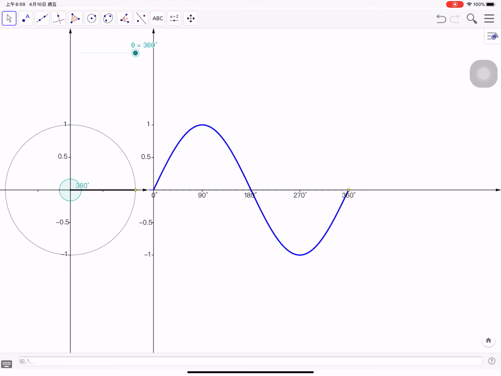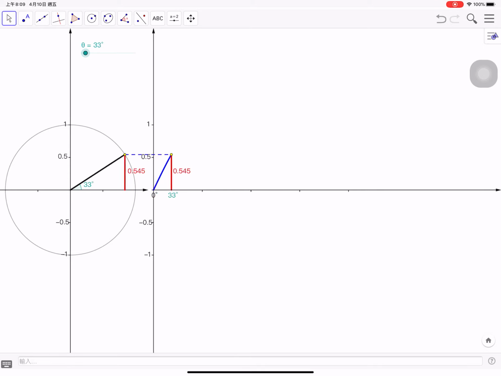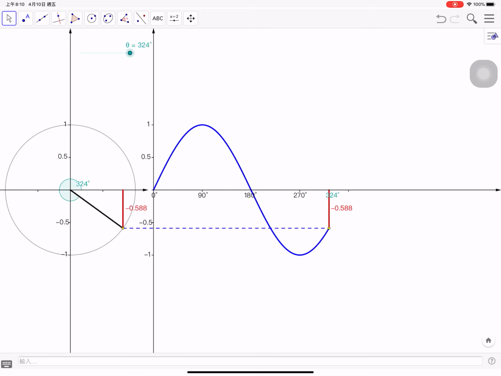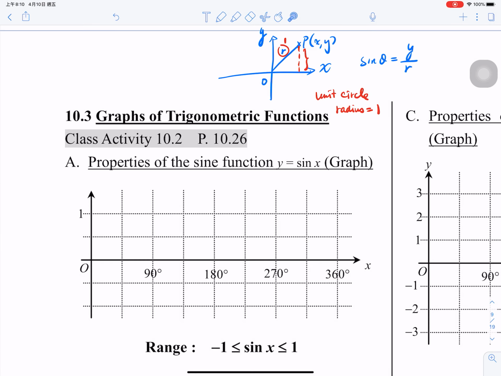Right. So you see that started from 0, and then you can draw the graph. You see the blue one, we say that it's a sine curve, like a wave, right? So now you can draw this one by yourself. 90 degrees goes to the top, 180, 0, 270, -1, and then go back to 360.